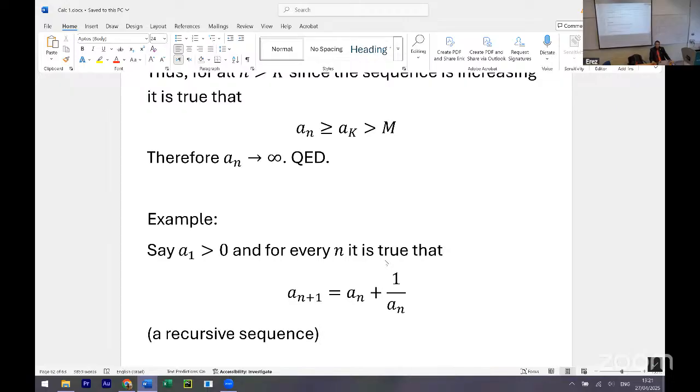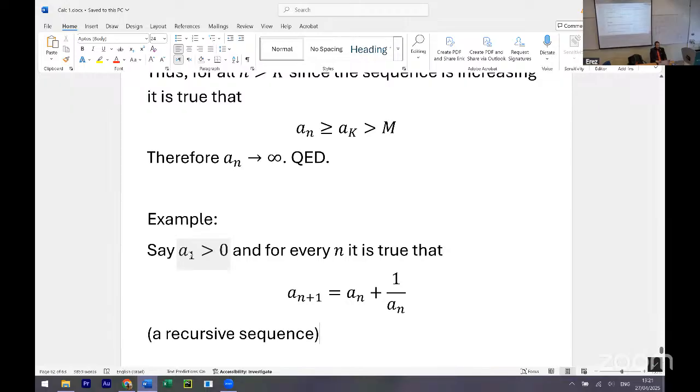Sometimes we give you a direct formula using the index n, like saying a_n is 1 plus 1 over n, to the power of n. But sometimes we give you the next element given the previous one. So for this kind of question, a lot of the time this theorem is the way to go. We don't know exactly what the sequence is, because I did not tell you what the first element is.